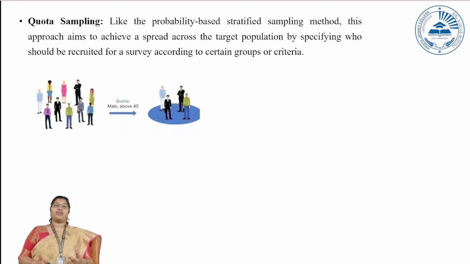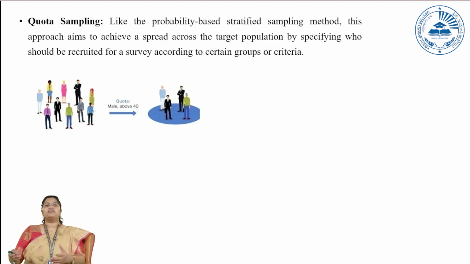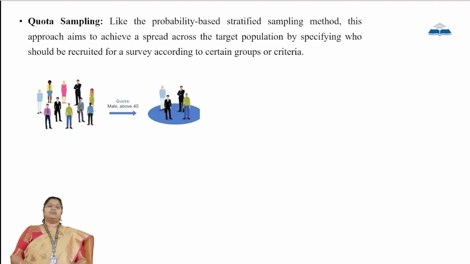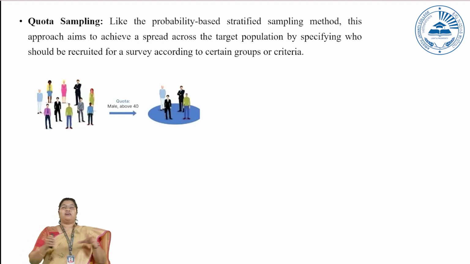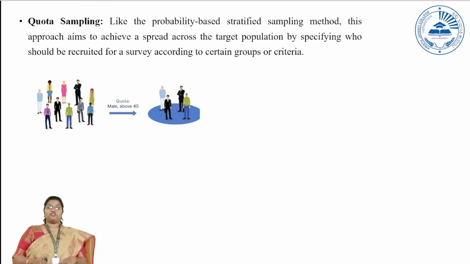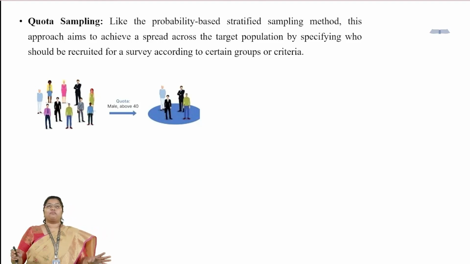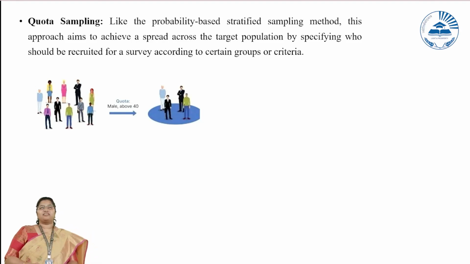So, we specify here that we want people above the age of 18, or we want people who are males, or we want people who possess a particular character, and we send the questionnaire to them, we send the Google form to them, and we collect the response. So, those people become our sample. Okay, so here we are specifying that we need such type of people. This is known as quota sampling.